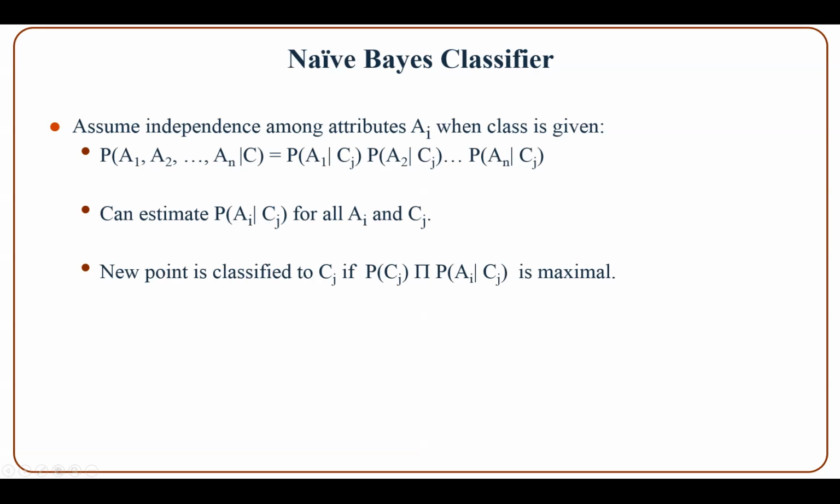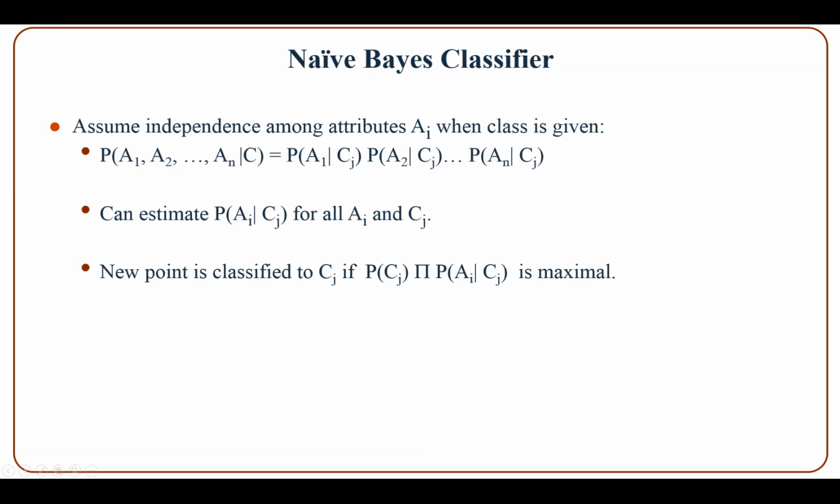Then we can write the probability of attributes A1, A2, etc. up to AN given the class C, where C is equal to Cj, is equal to the product of the probabilities of attributes Ai given Cj, where i is equal to 1, 2, etc. up to N. We can estimate the probability of the attribute Ai given the class Cj for all Ai and Cj.